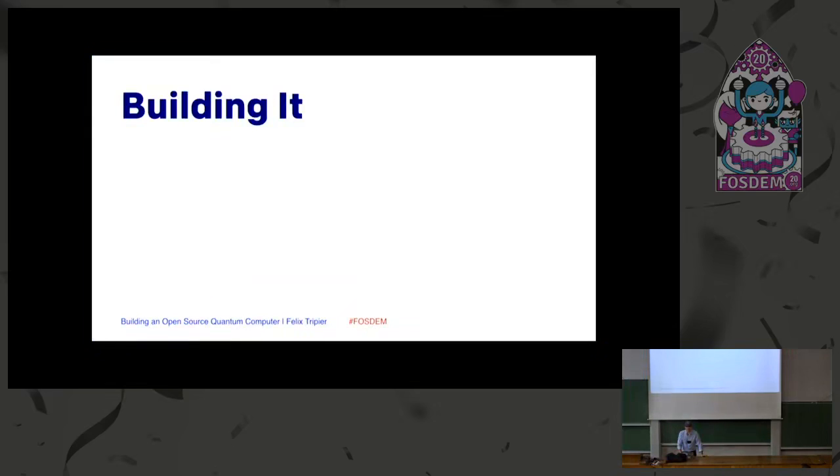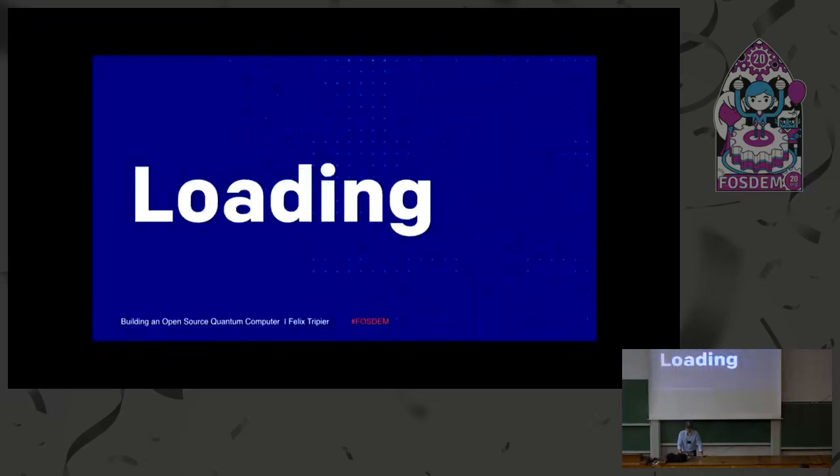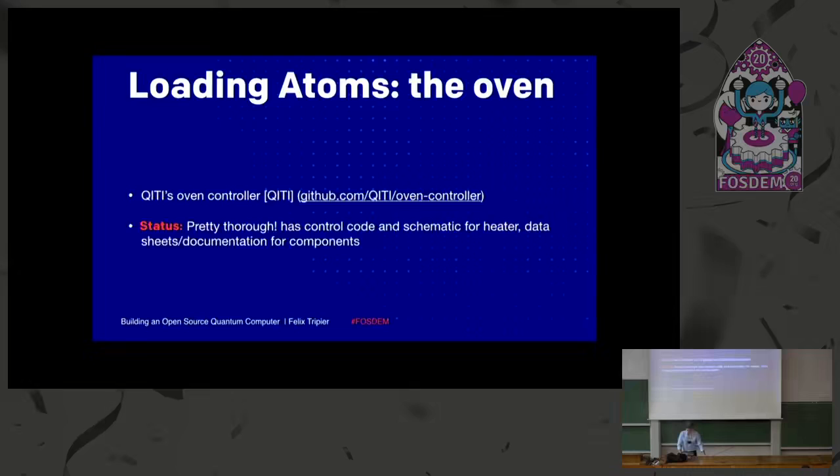Okay, so now we're actually going to build it with stuff we find just on GitHub and in open source generally. For the loading, we're going to need to do several different things. We're going to need something that can shape an electric field. We're going to need software that can model and solve for electric fields. There's a lot that's going on.